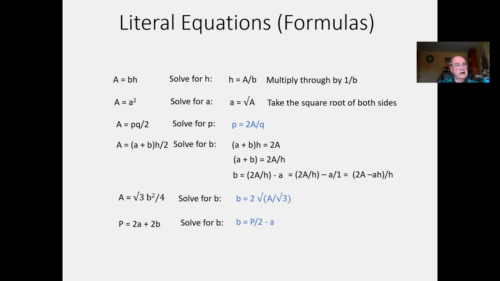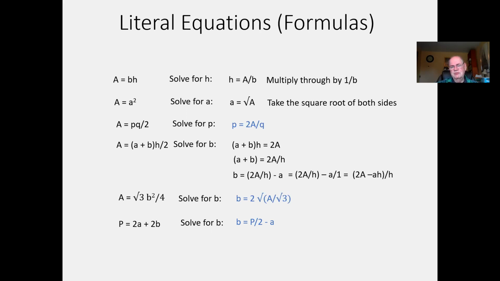The next one is the area of a trapezoid, asking you to solve for B. B is kind of dug down in there inside. What I chose to do was I multiplied through by the common denominator of 2, and got 2h, got 2a, and the 2 is now gone from that side.